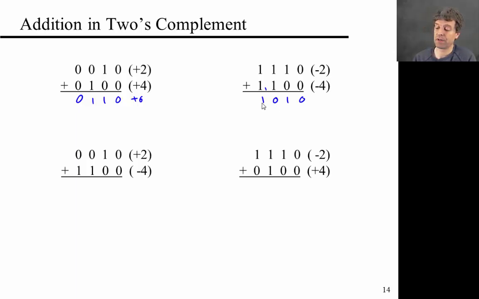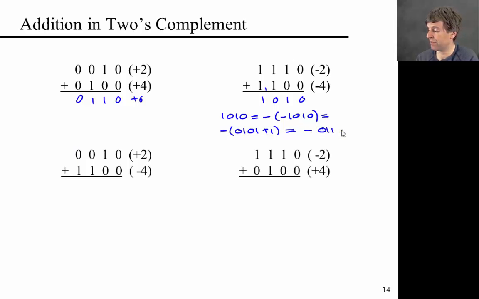Well, what can you do? You could essentially convert this back to a positive number. So you can say that this, 1, 0, 1, 0, is equal to minus, now remember, flip the bits and add 1, 0, 1, 0, 1 plus 1 is equal to minus 0, 1, 1, 0, and this is in fact negative 6.